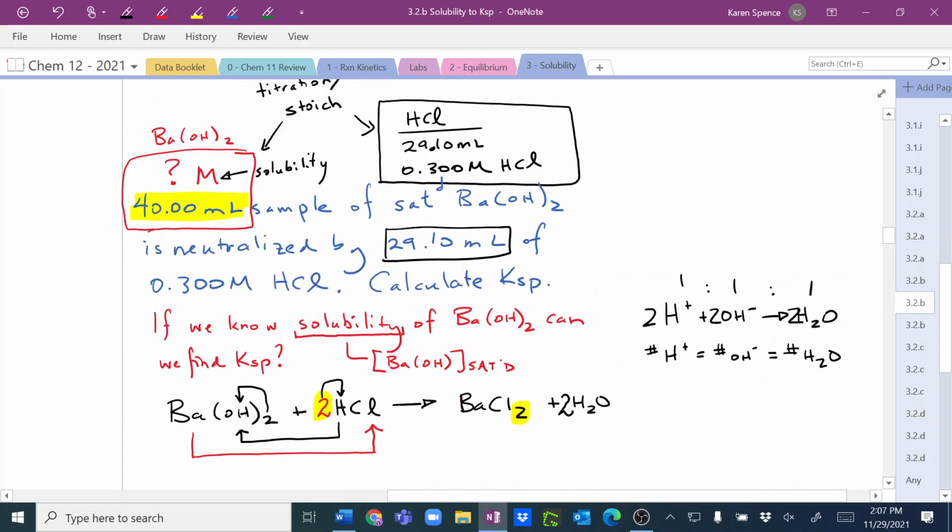The first step in any titration problem is to find moles of the known substance. This is what we call our known substance because we know the volume and we know the concentration. Barium hydroxide is our unknown because we don't know its molarity. So we're going to find moles of HCl.